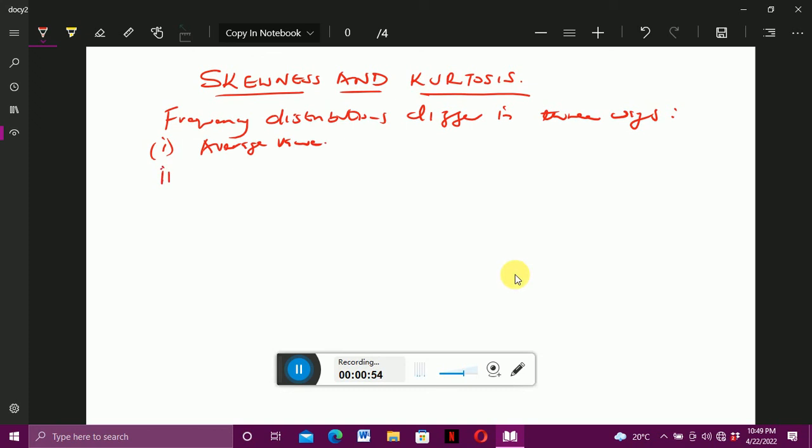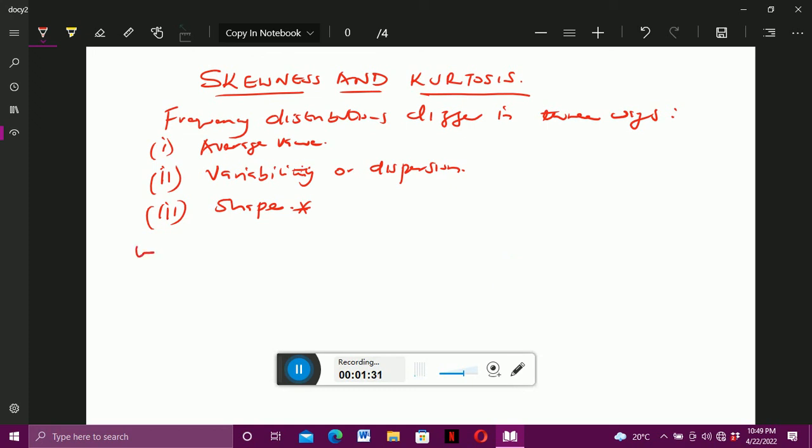The second way in which frequency distributions differ is variability or dispersion. And the third way in which frequency distributions differ is with regard to shape. And this is actually what we are talking about today.